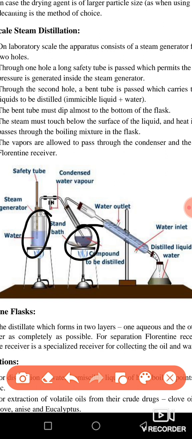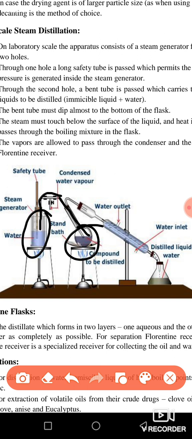First the vapors of water will rise up, go down and enter the flask which contains your impure liquid. By giving the steam, you are heating your impure liquid. In this way you do not directly heat this thermally unstable compound.